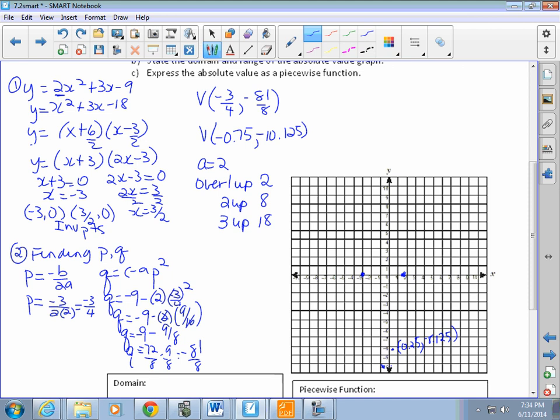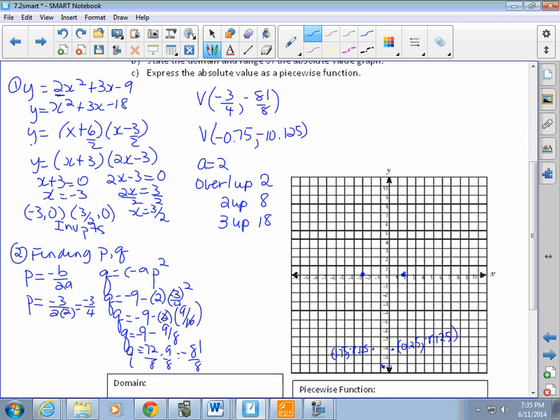And then up 2 will be negative 1.75 and negative 8.125. I'm just going to do those 2 points because if I try to plot more than that, it's just going to look ugly. It's just to give you the general idea.